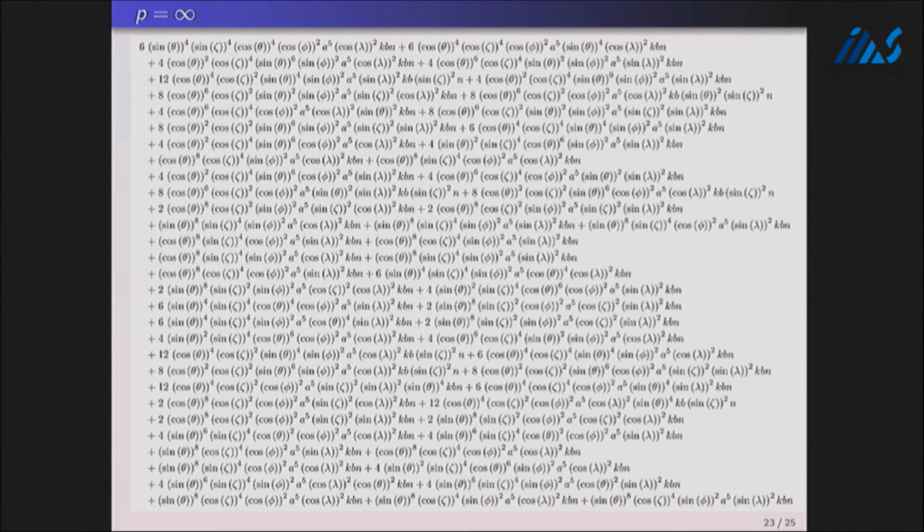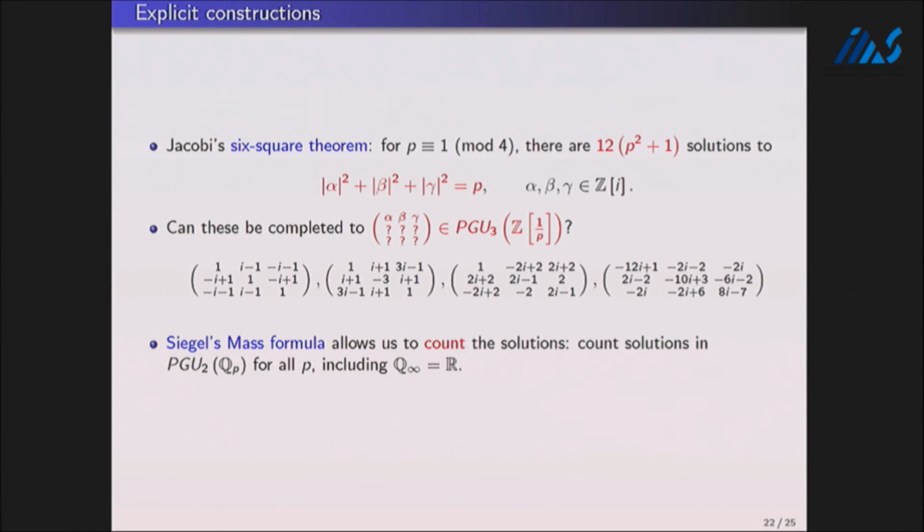I think Peter knew that people had already worked all these things out, but he wanted me to learn real analysis. So I actually computed the mass formula by hand, and then you can count how many elements there are here. But we don't have an explicit description, which is still a big problem in explicit construction.